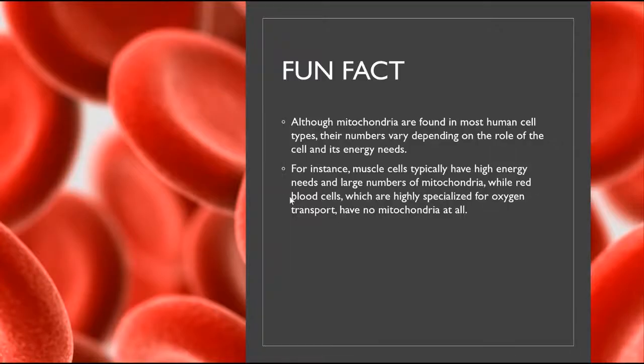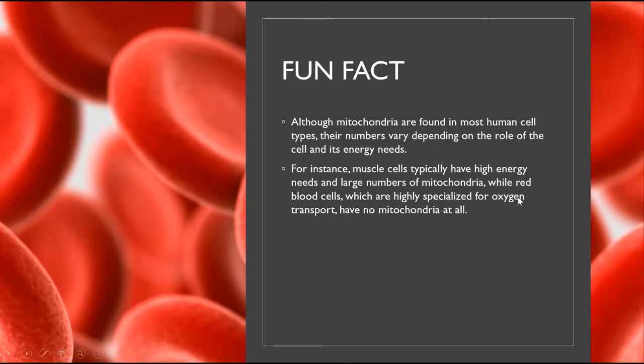A fun fact that is good to understand and remember: the number of mitochondria varies from cell to cell. For example, mitochondria are very high in number in muscle cells, because in muscles we require energy. We have to move and contract and relax.